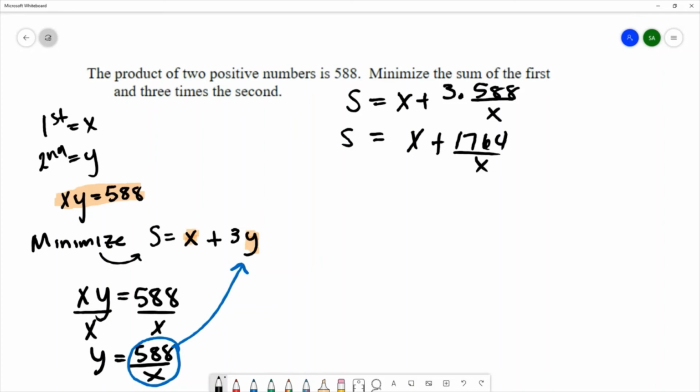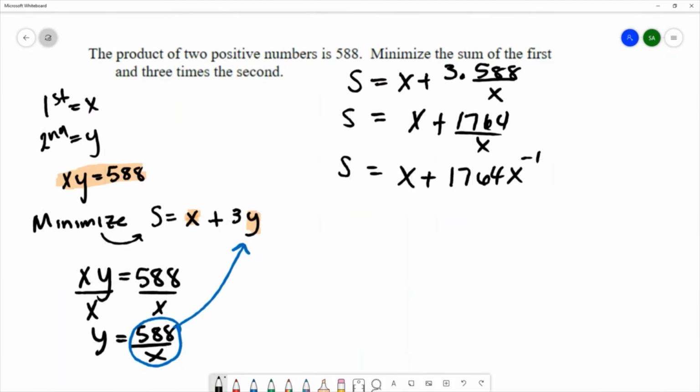And since I'm going to be doing some calculus on this, I'm going to change the format to x plus 1,764 times x to the negative 1. So now I'm going to calculate the derivative and use the process to find the minimum value.